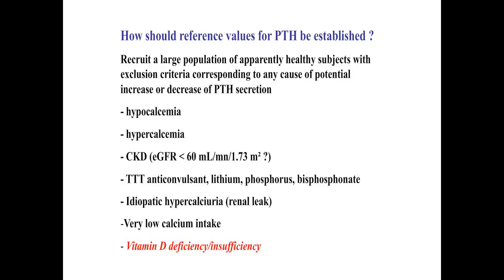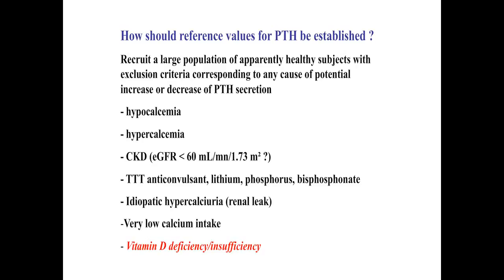So we really need to exclude the things that we know regulate PTH or are associated with changes in concentration. We need to know that the patients for the normal range reference value determinations are not hypocalcemic, are not hypercalcemic, have relatively normal kidney function, are not taking medications that can interfere with calcium control or vitamin D metabolism, and don't have any disease of calcium metabolism, even such as hypercalciuria, and are taking a reasonably normal intake.